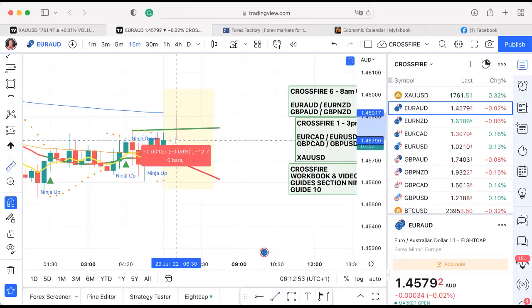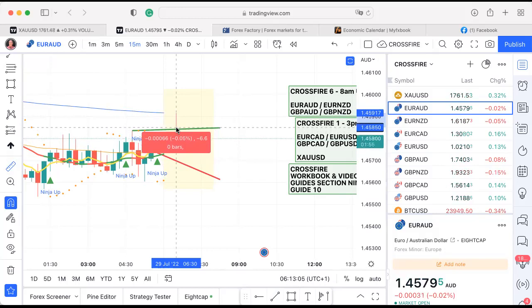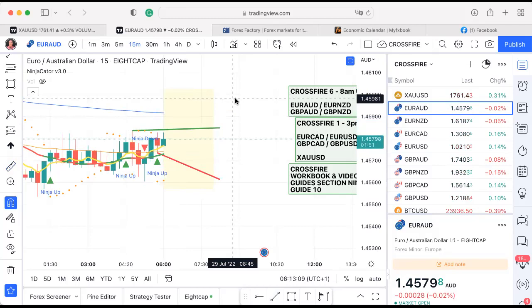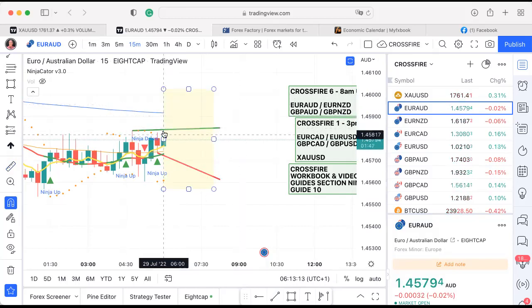Well, to where it is now, it's 12.7 pips. But because we don't get into any trades until price gets above the green trend line, you're looking at 6.6 pips. Now, I would disregard that. I would say, wait until you get a better opportunity. Some people might go for 5 pips in that move there, if price gets above the green line.